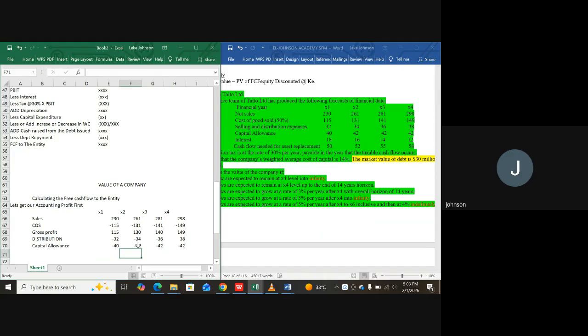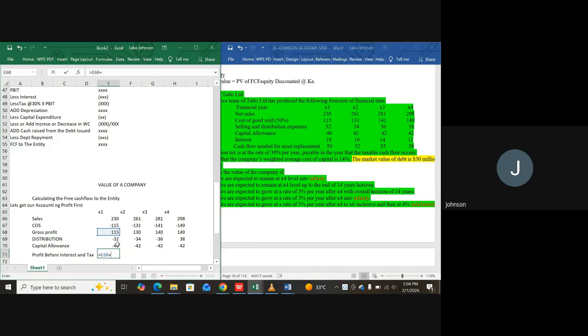Then the next thing, we are done with that. So we need to get our profit before interest and tax. So that's what we're going to get now. So we now come over here. We now say equal to our gross profit, because we have got to display gross profit, right?